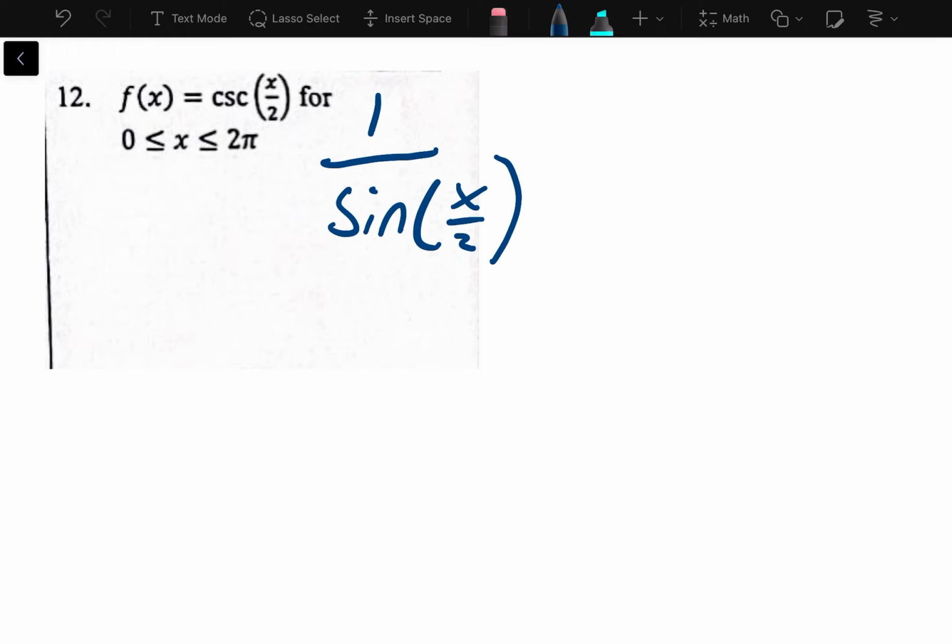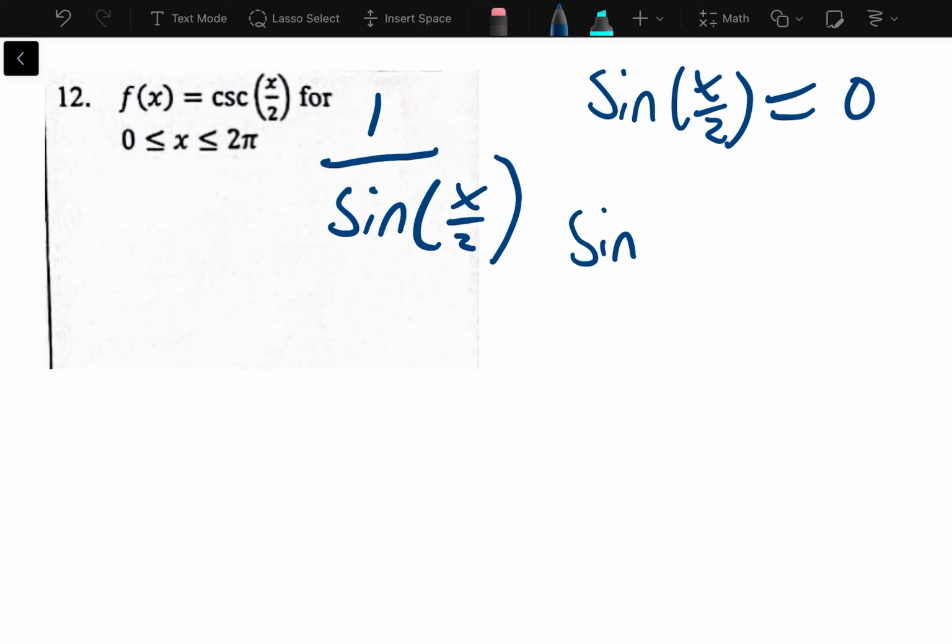We have sine of x over 2 equal to 0. So we need to find when sine of x over 2 is equal to 0.